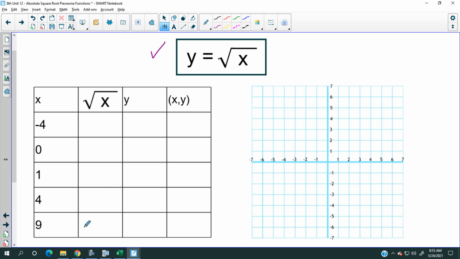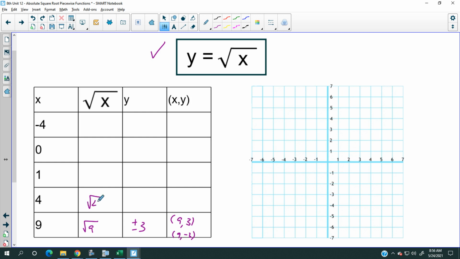So if I take the square root of positive 9, what are the two possible values for y? Well, it's plus or minus 3. So that means you got 2 points there right off the bat. If x is 9, then the answer could be 3 or negative 3. You see why I have to write both of them like that, right?